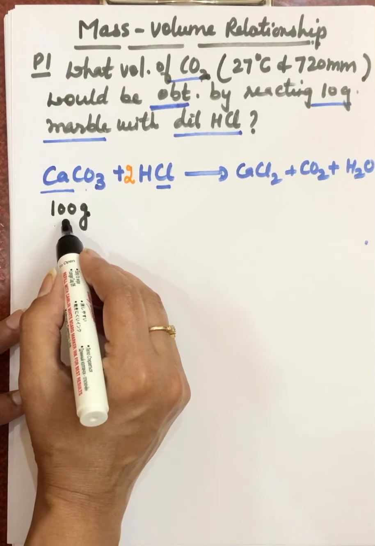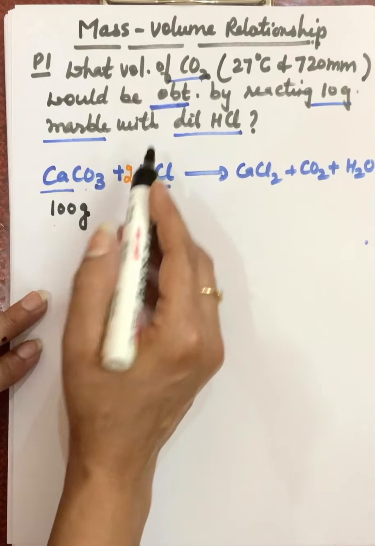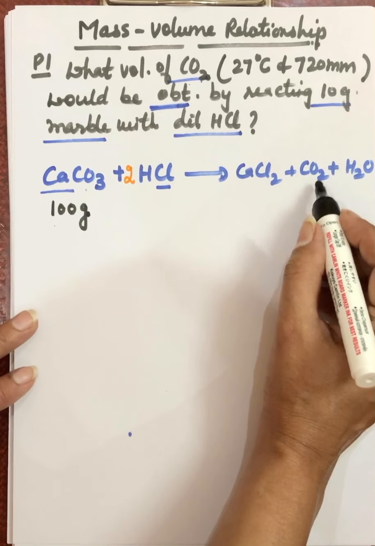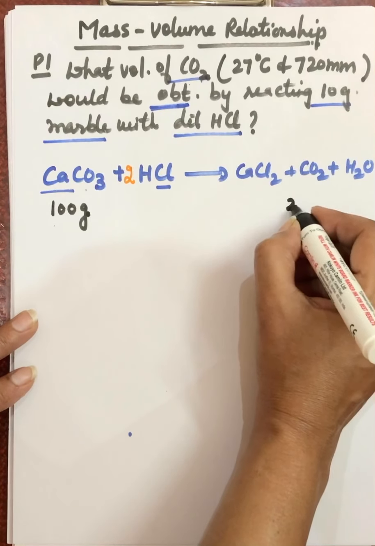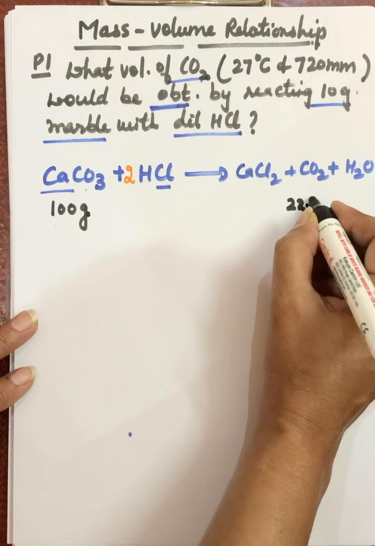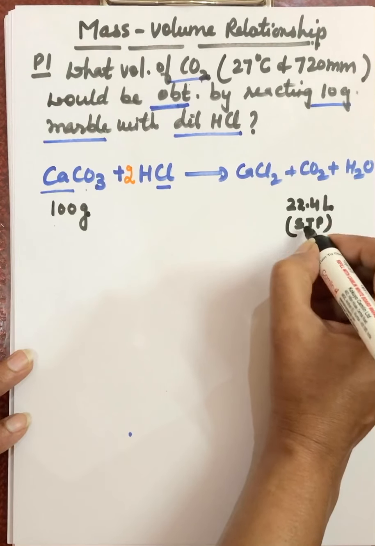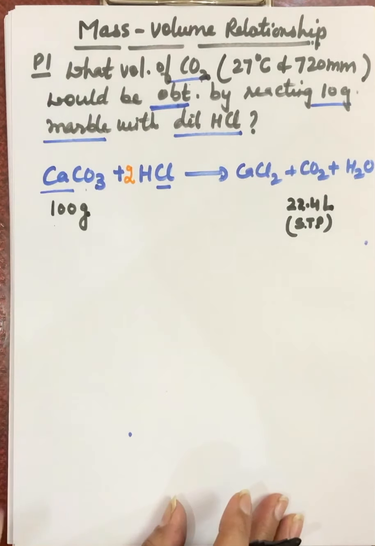And they're talking about volume of CO2. How much CO2 is forming here? 1 mole is equal to 22.4 liter, or we can write in centimeter cube also, but at STP. This much volume will come only under the standard conditions of temperature and pressure.